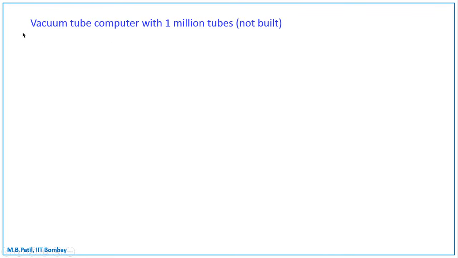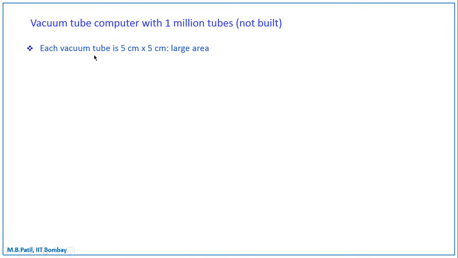Let us consider a vacuum tube computer built with 1 million tubes, and we should emphasize that such a computer has not been built. We only want to know what it would look like. We find that there are several difficulties, and let us see what those are.